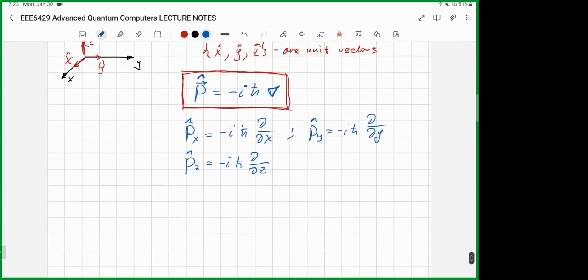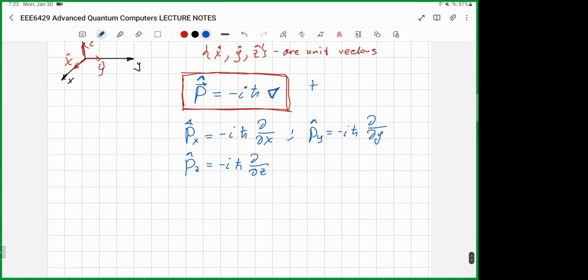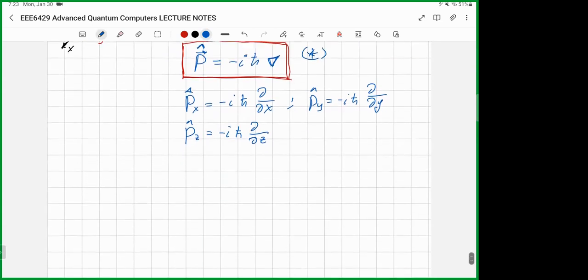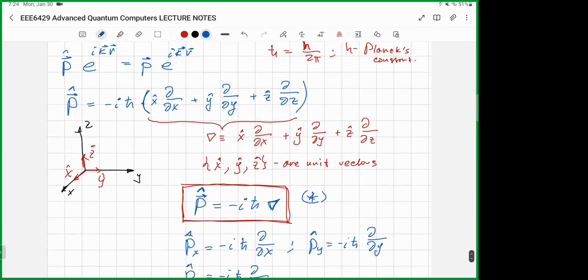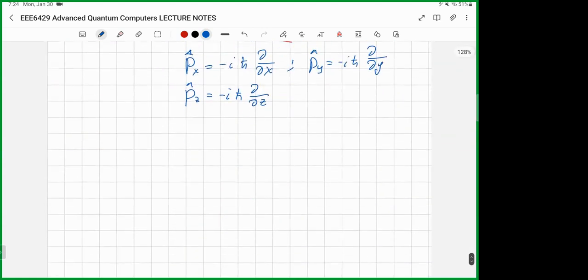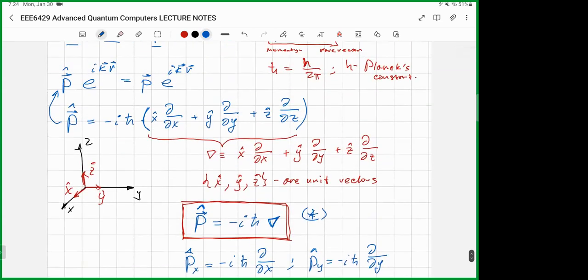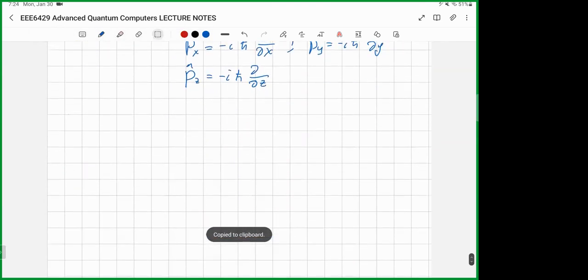So let's check that this formula is actually correct. Let's plug it into the equation for eigenstates and eigenvalues. Let me copy this and put it down here.